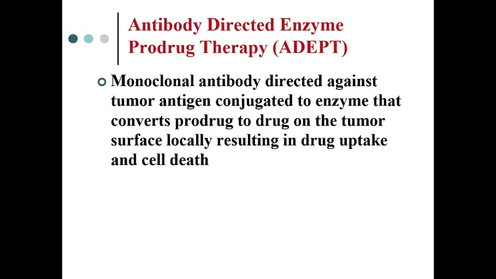The drug, which is in the form of a prodrug, is converted to a toxic form only on the surface of the tumor, because the monoclonal antibody is directed against the tumor.